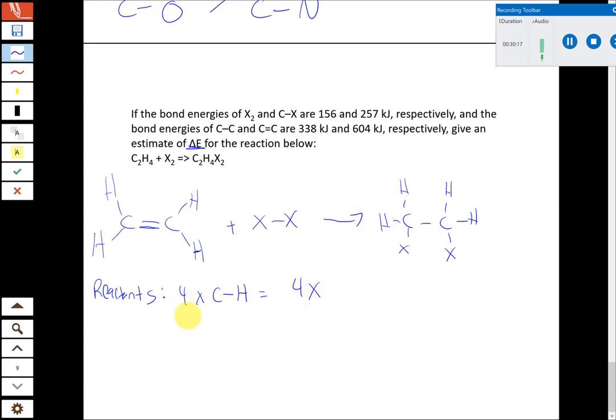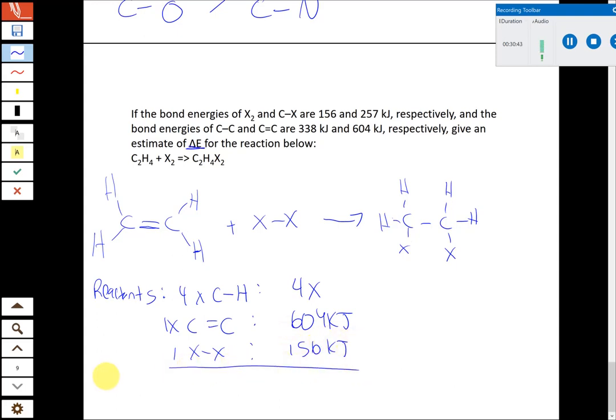On the reactant side, we have a CC double bond, and the CC double bond is going to be 604 kilojoules. And then we have one X2, or one XX bond energy. The XX bond energy is 156 kilojoules.